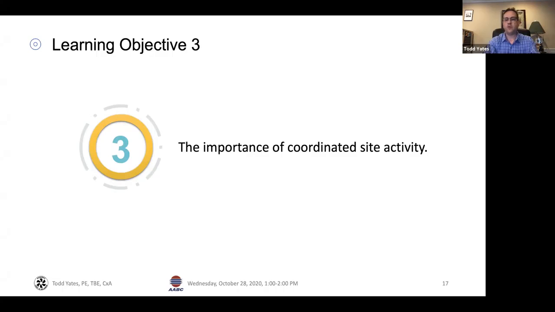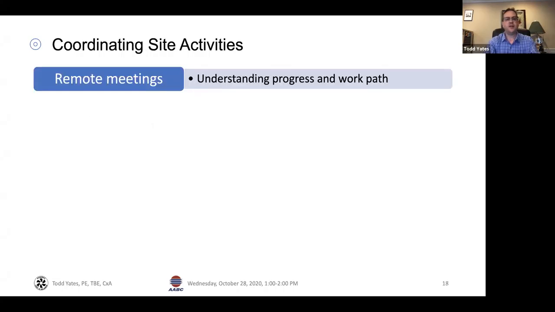The importance of coordinated site activity. How things get done on a project: construction managers and general contractors don't often see how these things go together. Each subset of the team is so specialized that we often don't know what the others are doing. One of the things we're seeing now is the acceptance of remote meetings.